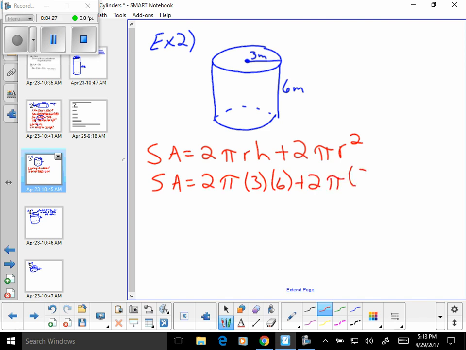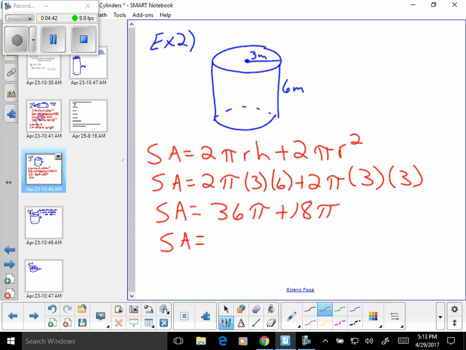And again, if you want to use 3 squared, fine. I have a tendency to use 3 times 3. The surface area here is going to be 36 pi. 2 times 3 times 3 is going to give me 18 pi. Now I will add those together and get 54 pi. Use my pi key, multiply with a calculator, get 170 meters squared.